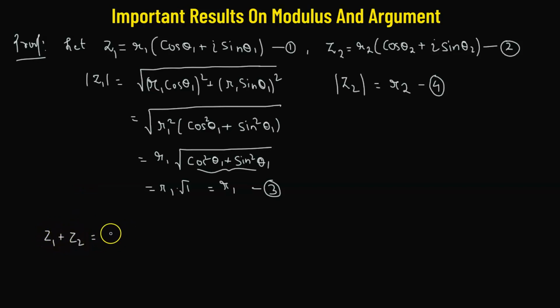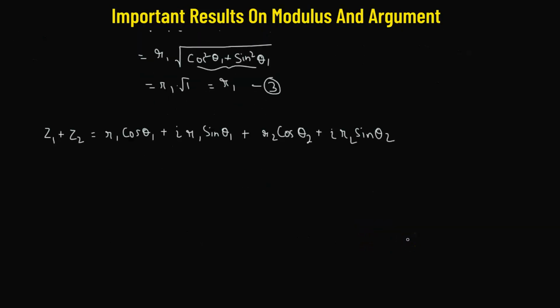This will be equal to r1 times cosine of theta 1 plus iota times r1 times sine theta 1, added to our complex number z2, which is r2 times cosine of theta 2 plus iota times r2 times sine theta 2.